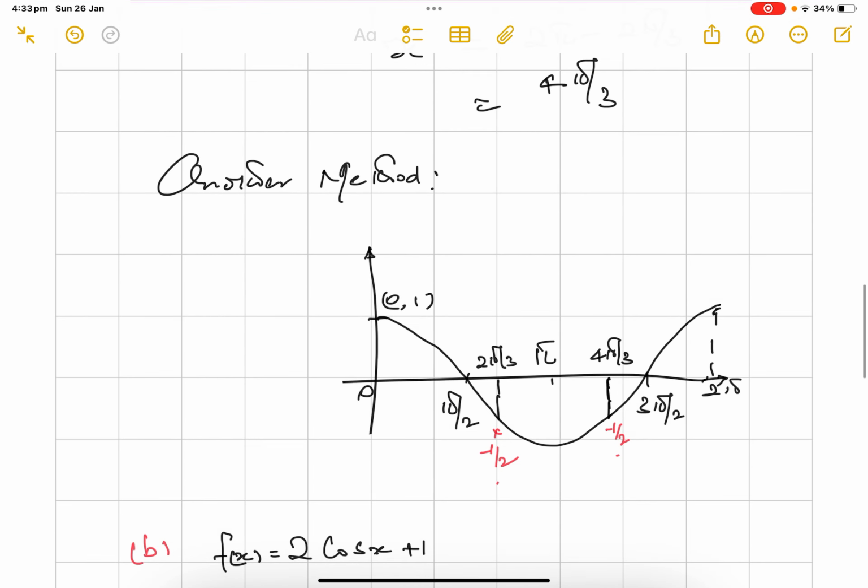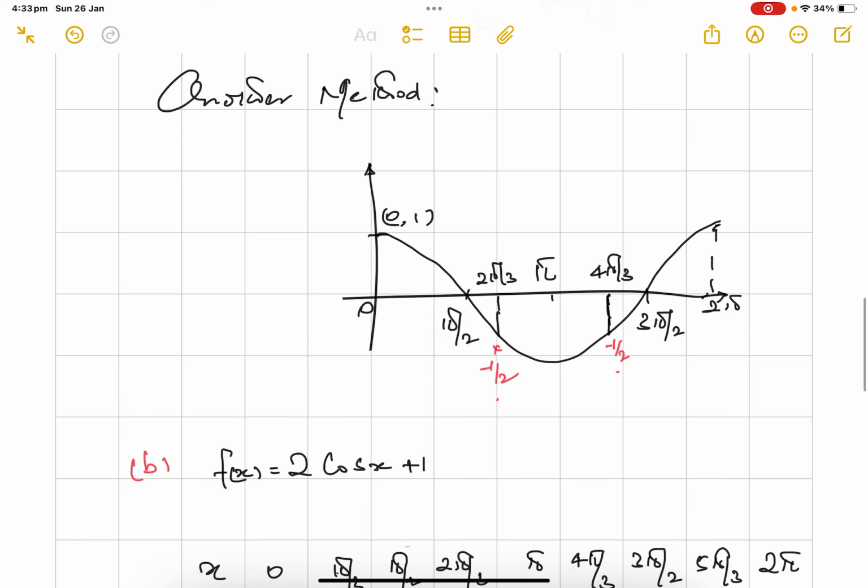please use the waveform. Everyone knows the waveform for cos, sine and tan. This is cos, so easily, minus half is on the negative side of the y-axis, and minus half is at two places.